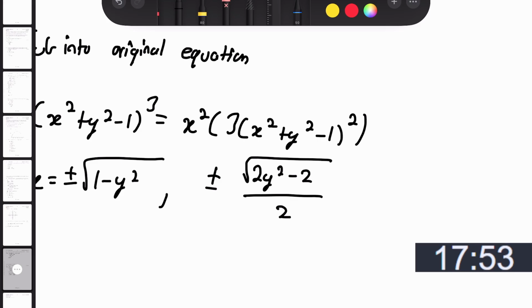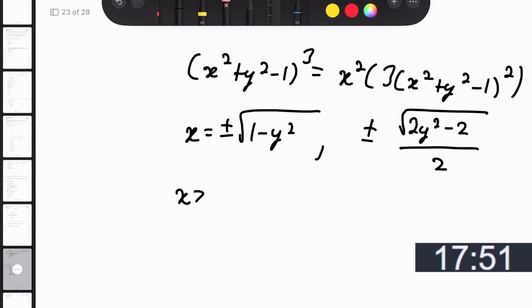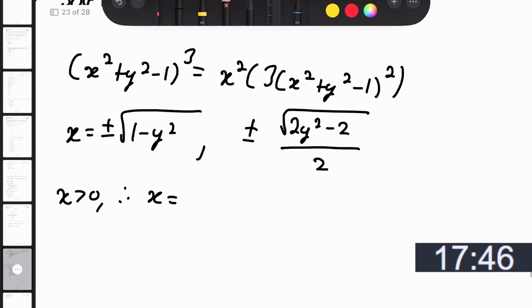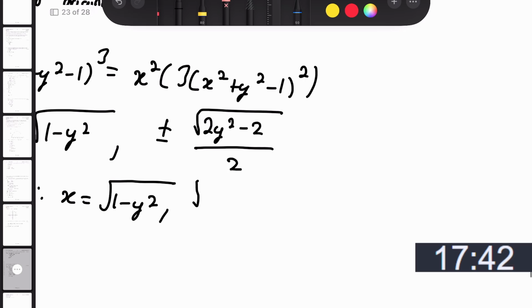Okay, so we always say that x is greater than 0. Therefore, x is equal to square root of 1 minus y squared, or square root of (2y squared minus 2) on 2.